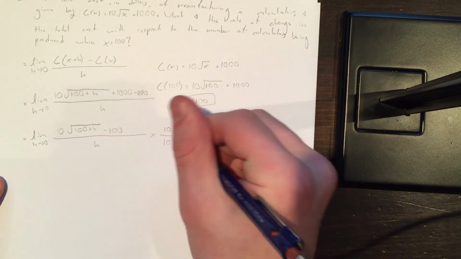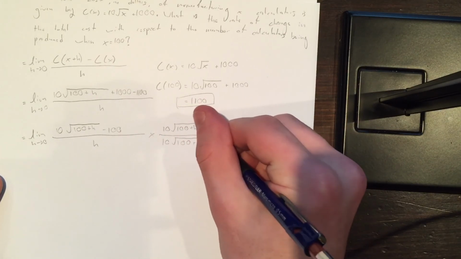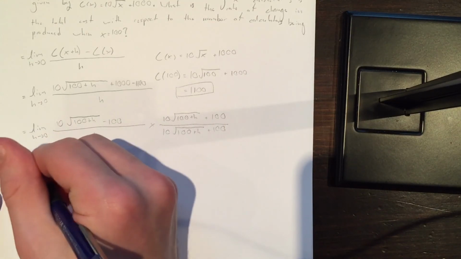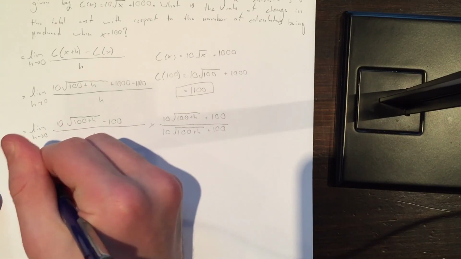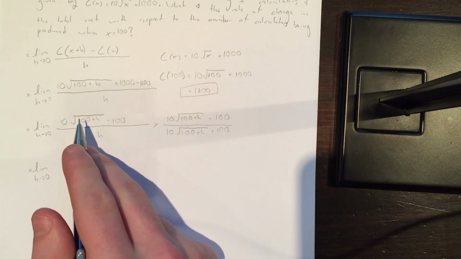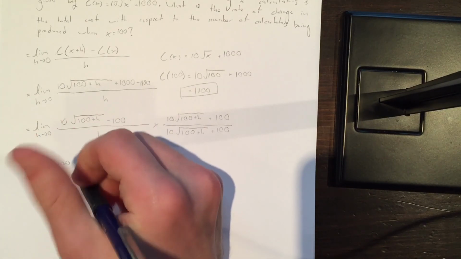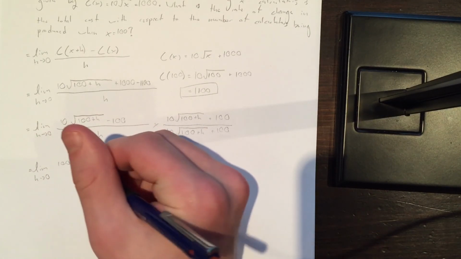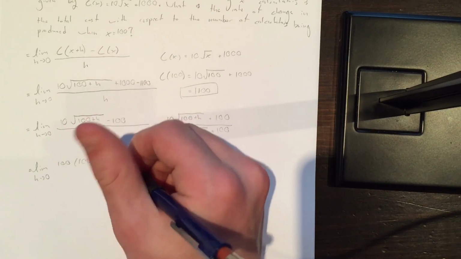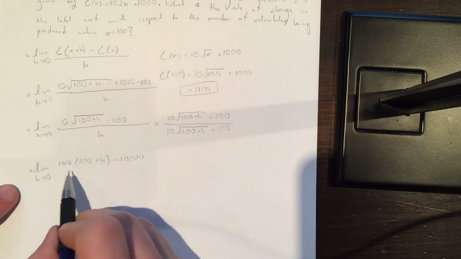On both the numerator and the denominator, we're going to multiply by that, so the square root of h plus 100. So in the next step, as h approaches 0, we're going to end up with 100 bracket 100 plus h minus 10,000 in the numerator.